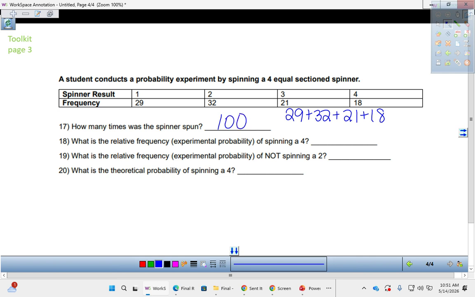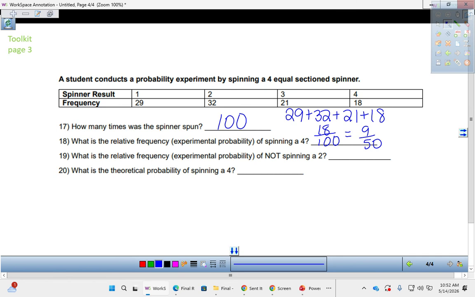The spinner was spun 100 times. What is the experimental probability? Use the data. What is the relative frequency of spinning a 4? I go to this 4 and see how many times the 4 was spun, which is 18. So we're going to do 18 out of 100, or 9 out of 50 if you reduce that fraction.